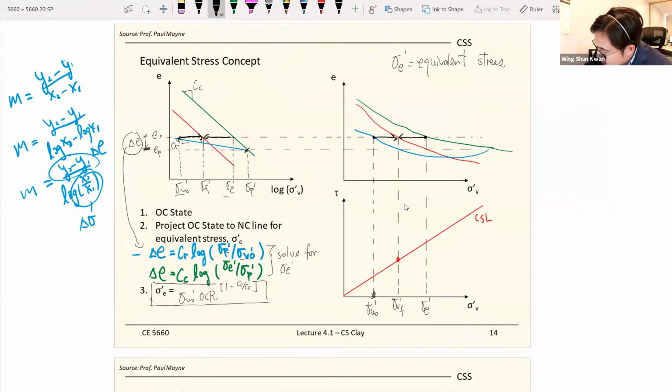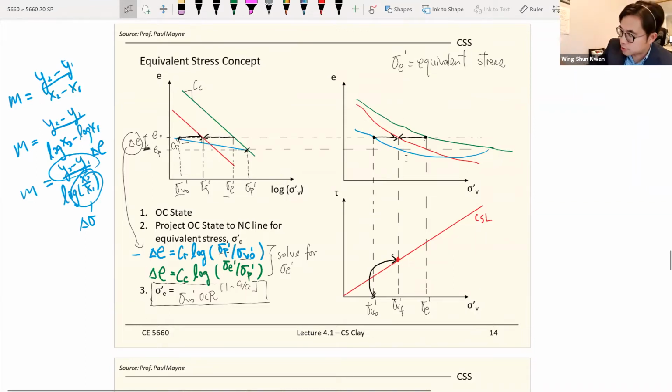Starting with the initial stress, we go that way. Because this graph and this graph, the same as these three graphs, can connect to each other. So we're talking about from this point to this point, right?